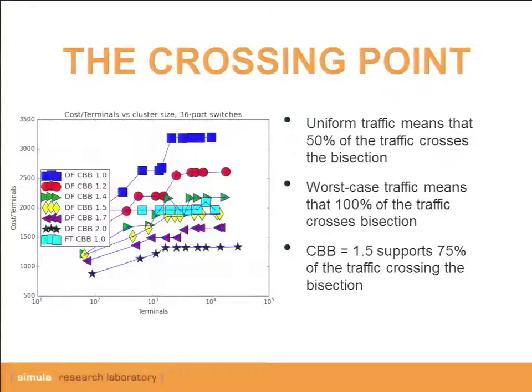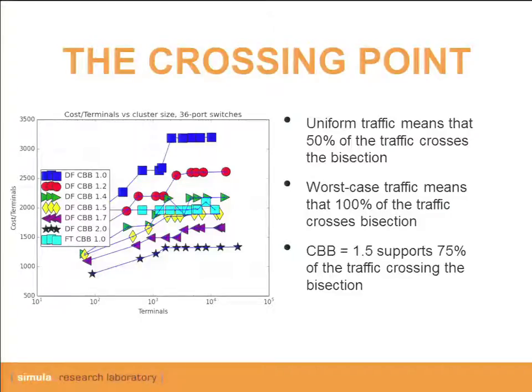And then for the remaining lines here, we have CBB 2, 1.7, 1.5, 1.4, 1.2, and 1. With this figure, we try to figure out what's the crossing point.